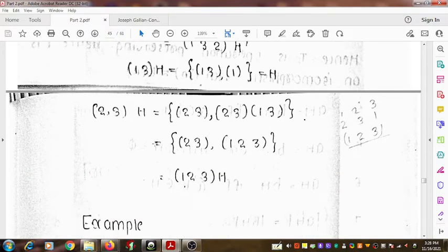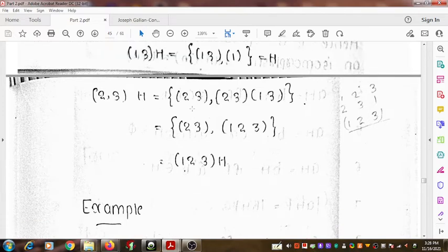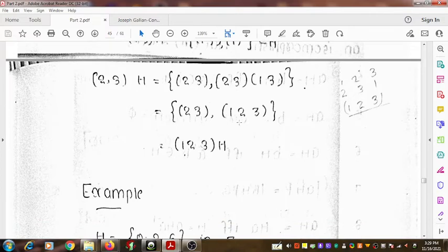And one more possibility is there. So you can take (2 3), the element (2 3), which belongs to G, and that can be used to multiply h, and then you can verify that you are going to get (2 3) comma (2 3), because the identity element multiplied by (2 3) gives us (2 3), and the second position is (2 3) into (1 3), and that can be simplified to get (1 2 3), and the first element is (2 3).